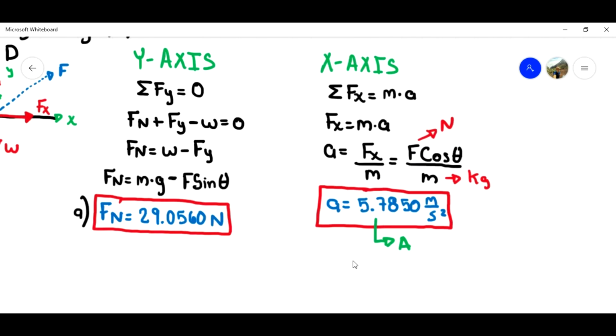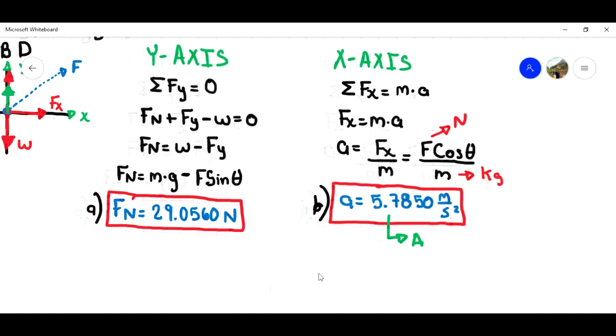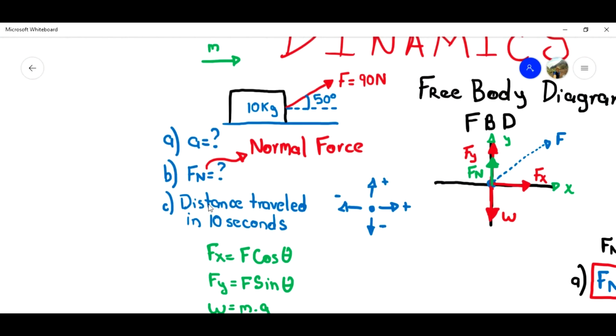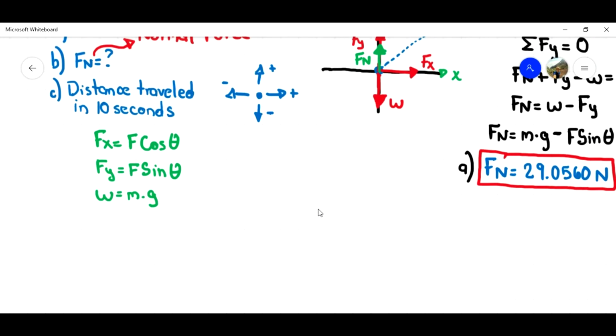Okay, so this is letter B, and I save it because I'm gonna need it in order to solve the letter C question. So what is the distance traveled in 10 seconds? So if you see, for example, the block is here at the beginning, okay? And 10 seconds later, the block is here. So in here, I got the initial velocity.